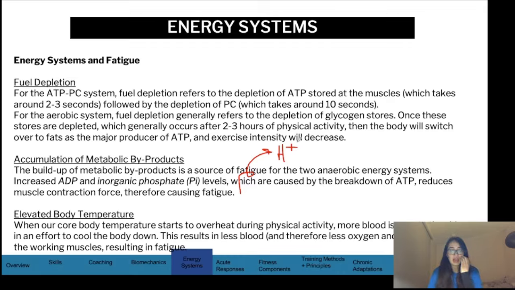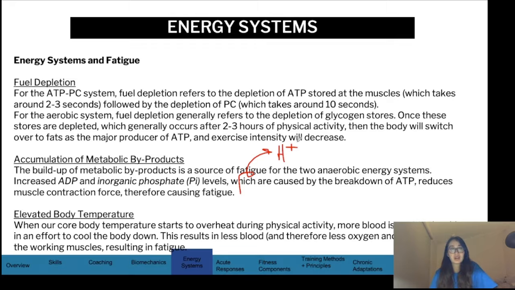But the problem is that less blood, and therefore less oxygen and fuel, actually goes to the working muscles. And because less oxygen is going to the working muscles, you've got to increase your reliance on the anaerobic energy system here. Increasing your reliance on the anaerobic glycolysis system means you've got increased production of lactic acid and those associated hydrogen ions.